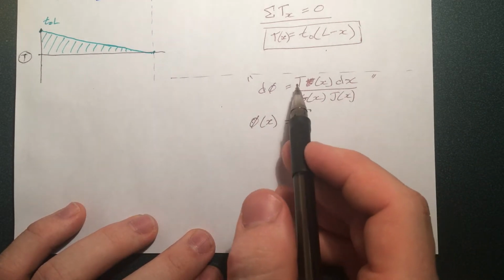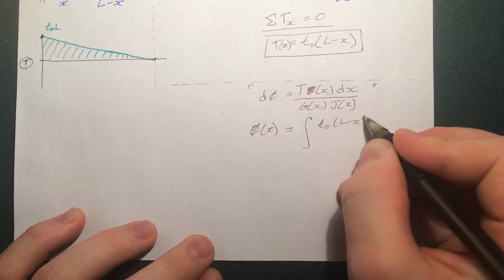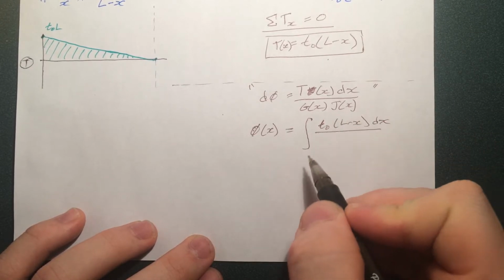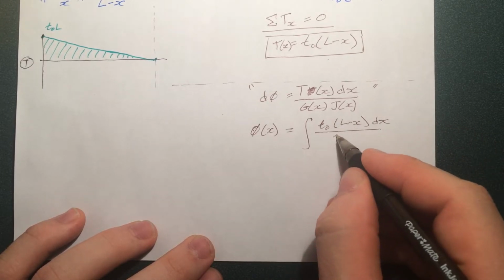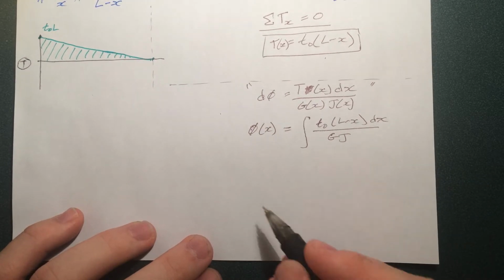Alright, so T is a function of x, that's this. dx over GJ. Now we don't know what J is yet, but we know it's going to be constant, so let's just keep it in here. Alright, we can go through and integrate this, and we're going to get this.